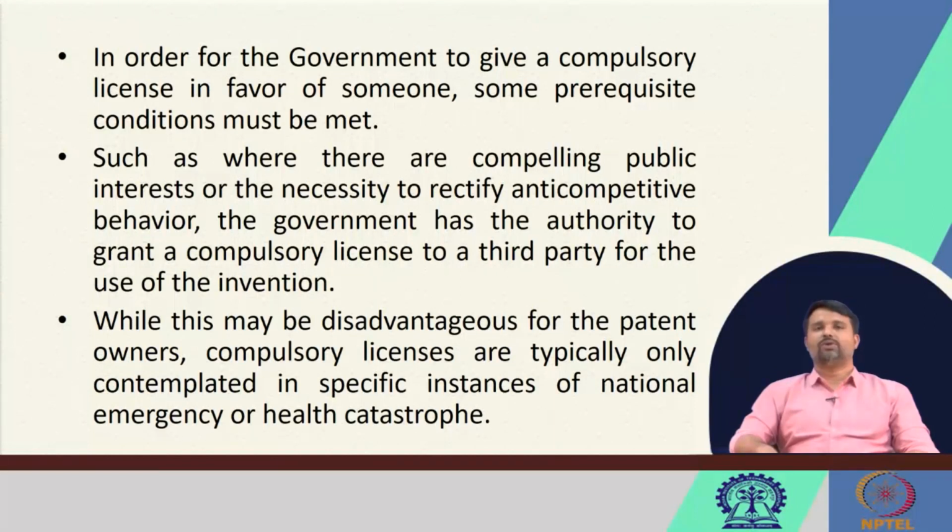So, where there is a need to rectify anti-competitive behavior on the part of the patentee, the government has the authority to issue a compulsory license. Similarly, if there is a compelling public interest, in such scenarios also, the government is empowered to issue a license to a third party for manufacturing and selling the drug, which is known as a compulsory license.